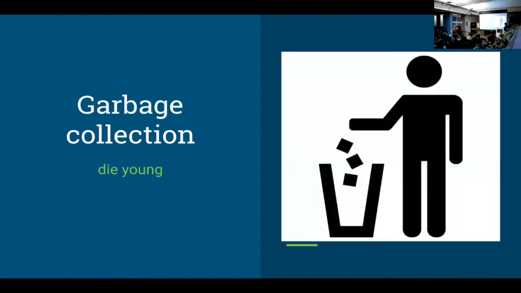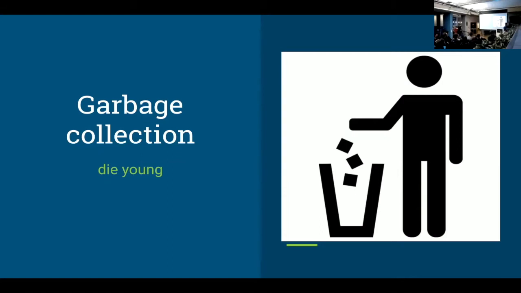Last but not least, garbage collection. If you have a MacBook like me, I have 32 gigabytes of RAM. I'm really cool with that. But if you have a low-end smartphone, you probably have 500 megabytes to 1 gigabyte, and your memory is really valuable.